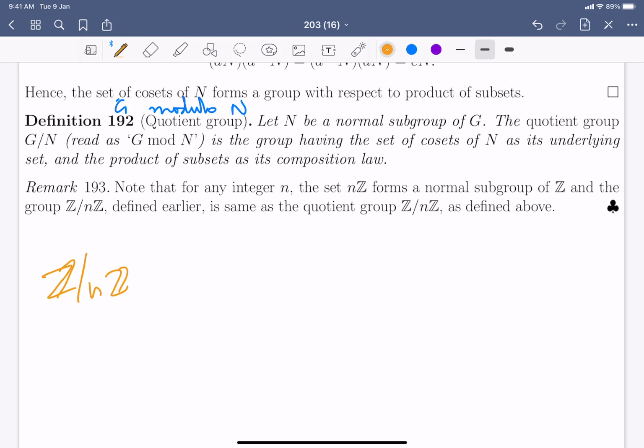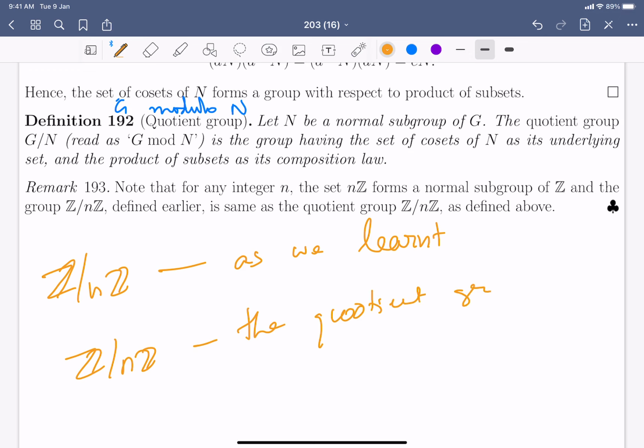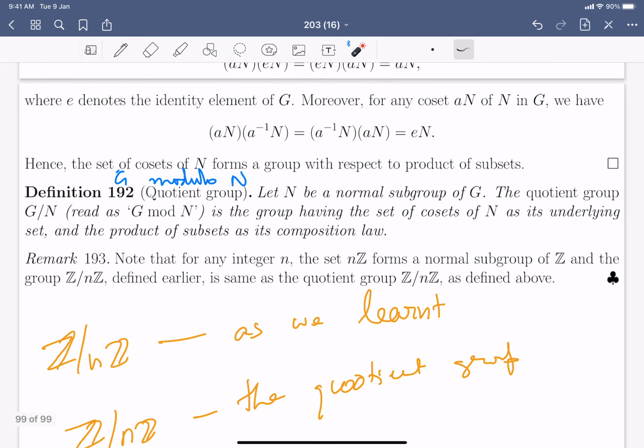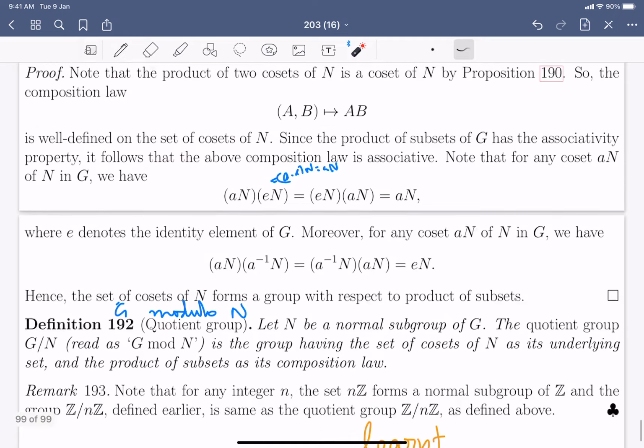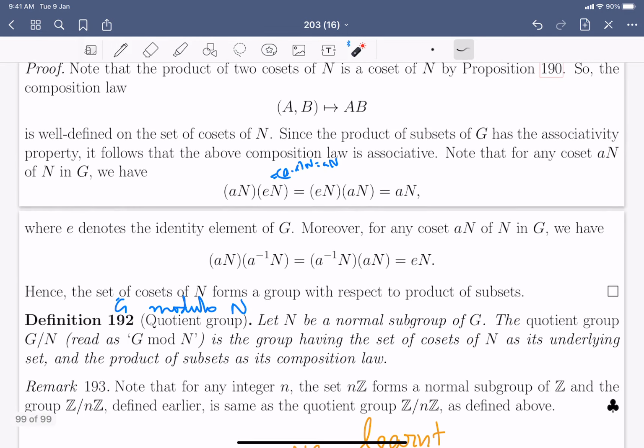First of all, Z mod nZ as we learned, and another way is that this is a quotient group. So it was necessary to compare these two, and this remark says that they are exactly the same. So there is no room for confusion, and then we conclude with this notion of quotient group that we have just defined. We will be studying this notion up to some extent in this course. Okay, let me conclude.